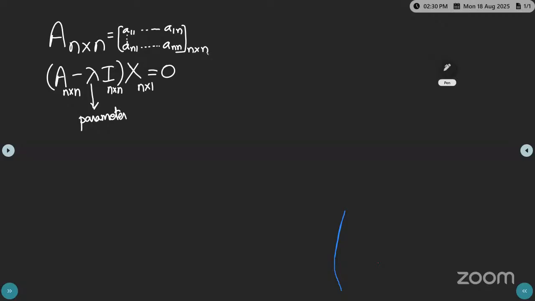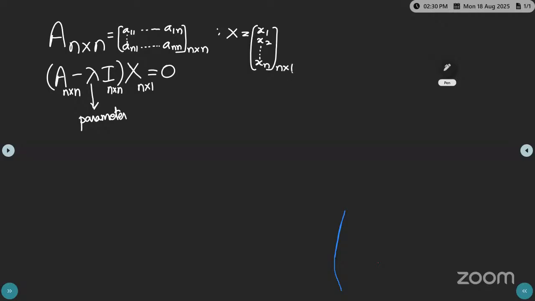N rows, n columns. Okay, right. And x will be x1, x2, and so on, xn, of order n by 1.